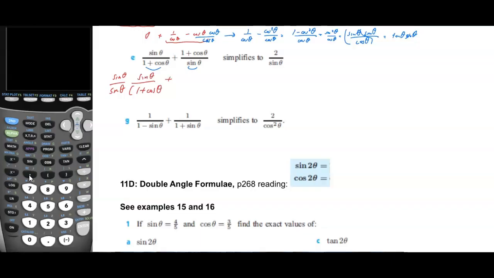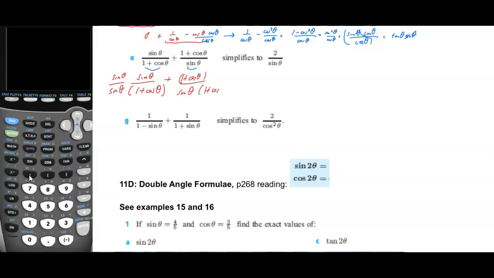And the second one we will also multiply by 1 plus cosine theta over 1 plus cosine theta, because that will also get us a common denominator. So let's see. The denominator is perfect: sine theta times 1 plus cosine theta. That is a common denominator.